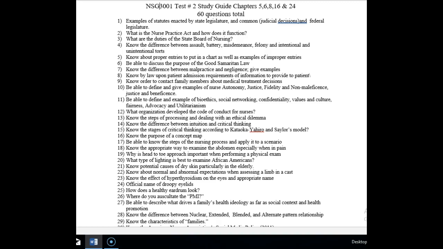Know the proper entries to put in a chart as well as examples of improper entries.